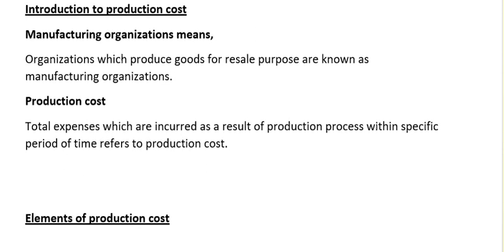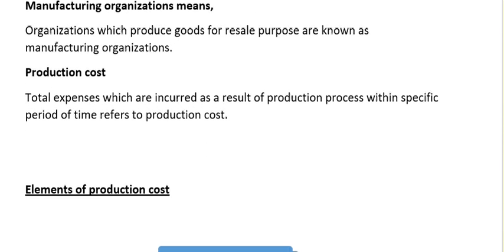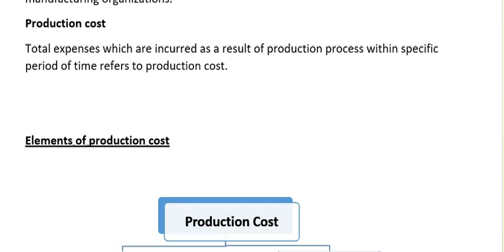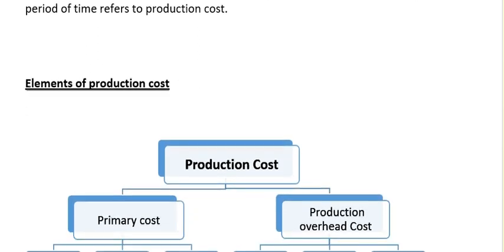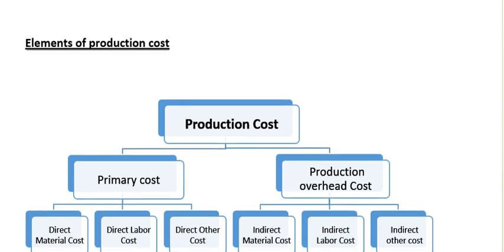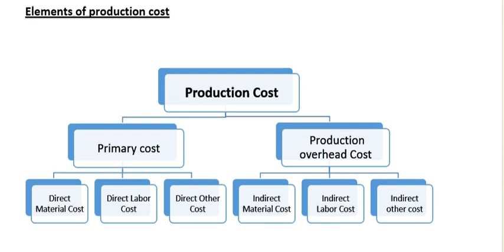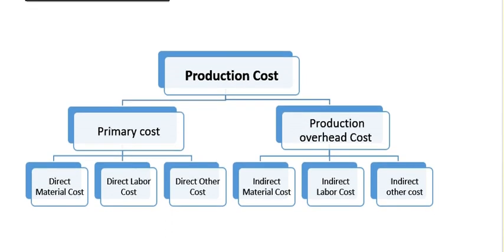Then we'll see what the elements of production cost are. As you all know, cost includes three basic things: material cost, labor cost, and other cost. Here, production cost we can classify into two: primary cost and production overhead cost.